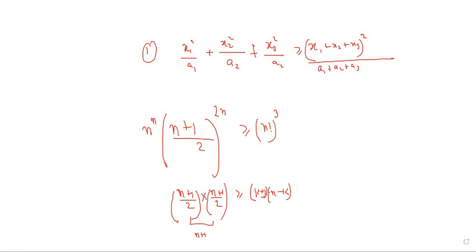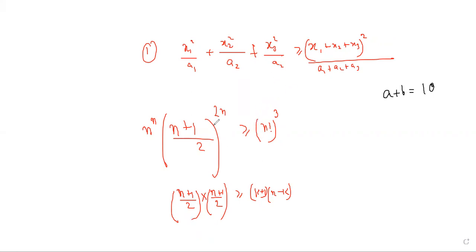This is something that we had done earlier. If you have two numbers which sum up to, let's say, 10, how do you split them to get the maximum product? 5 and 5, as close as possible. And n plus 1 by 2 is the closest possible.